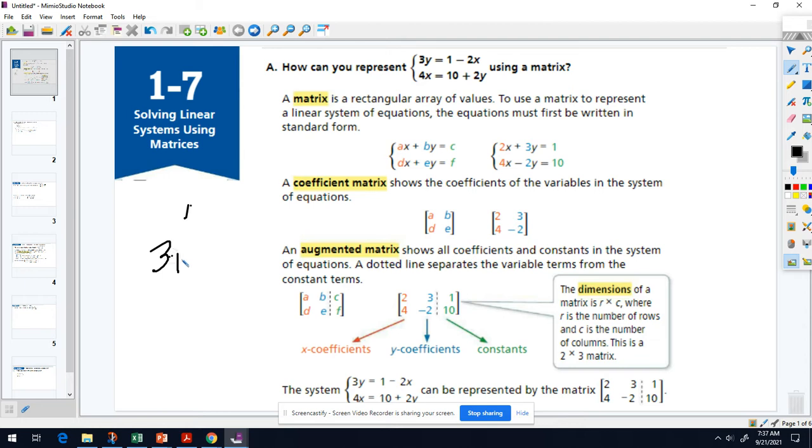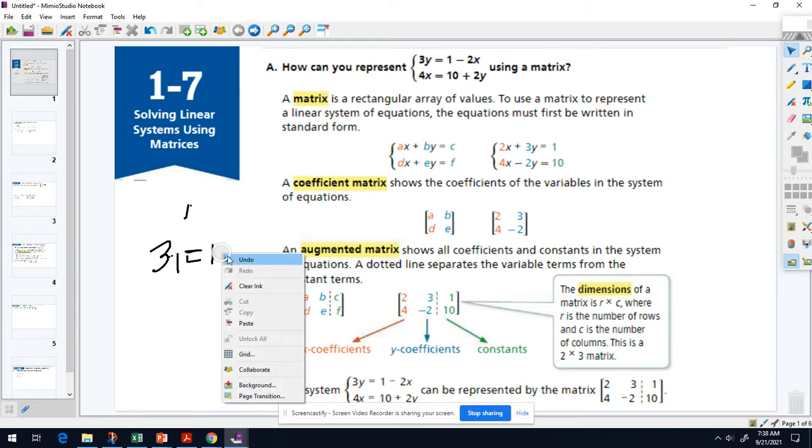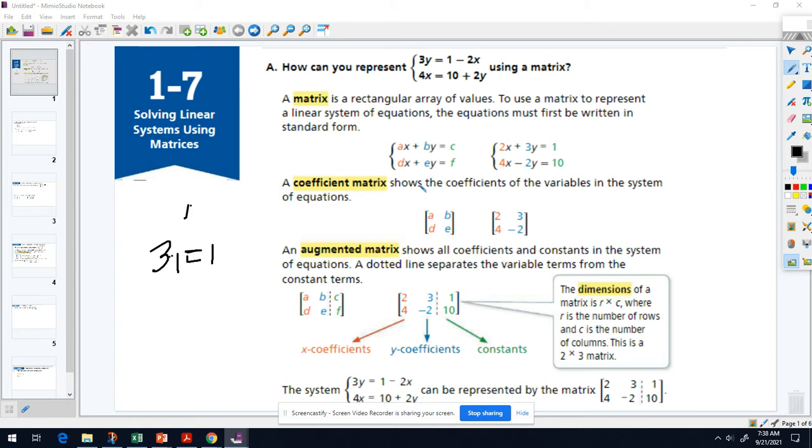3y equals 1 minus 2x. Really sloppy. I have to put this in standard form, so I'm going to add 2x to both sides.